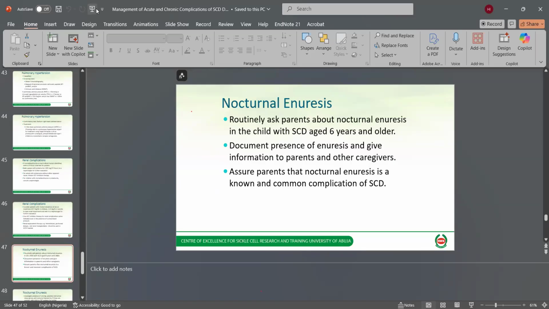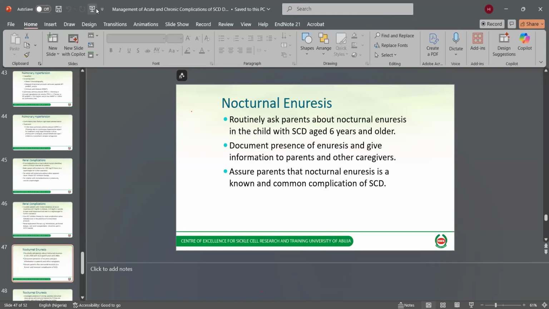Nocturnal enuresis. This is also a complication of the renal system. Routinely ask patients about nocturnal enuresis in the child with sickle cell disease at 6 years and older. Document presence of enuresis and give information to parents and other caregivers.